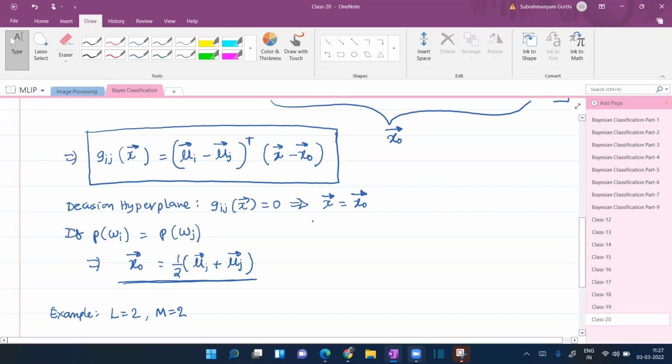Mu i bar minus mu j bar is a vector of size L cross 1. X bar minus x naught bar is a vector of size L cross 1. Now, what can you say about these two vectors on the decision plane? They are orthogonal. Then only they will become zero.